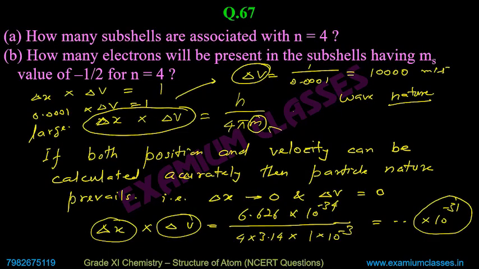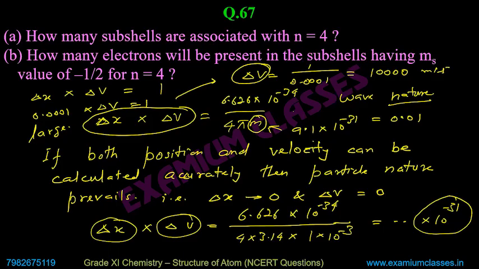So if mass is very small, say of an electron, 9.1 into 10 to the power minus 31 kilograms, and h is 6.626 into 10 to the power minus 34. Now this value, if you calculate, will be of the order of around 0.01 or so.